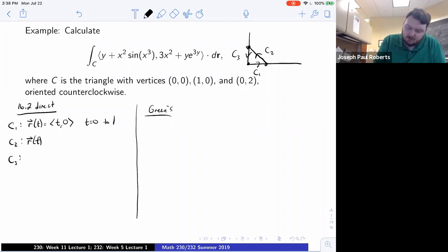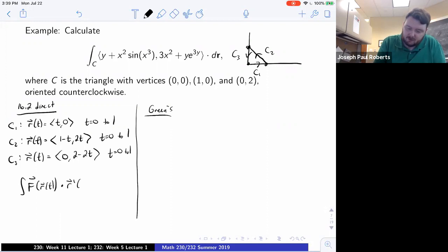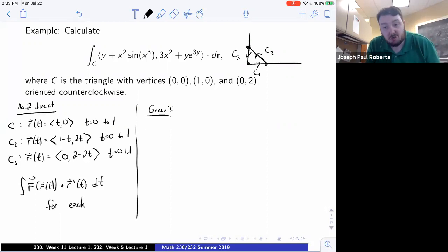If you go through and do the line segment setup for this, you'd have 1 minus t, 2t for t between 0 and 1. And then C3, you'd have 0, 2 minus 2t from t equals 0 to 1. And you'd have to do F of r of t dot r prime of t for each. And that's totally fine. You could do it. But it seems like it's going to be a little bit long and tedious.